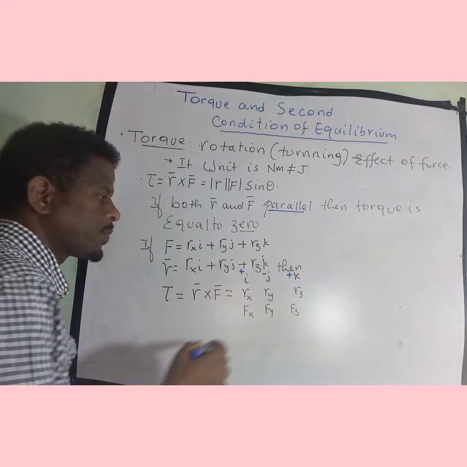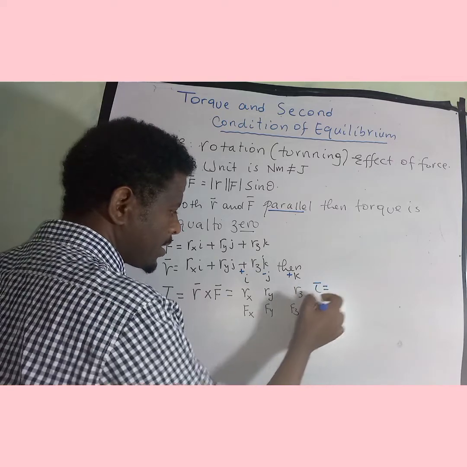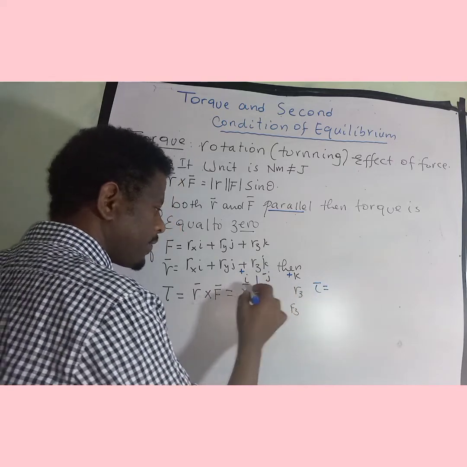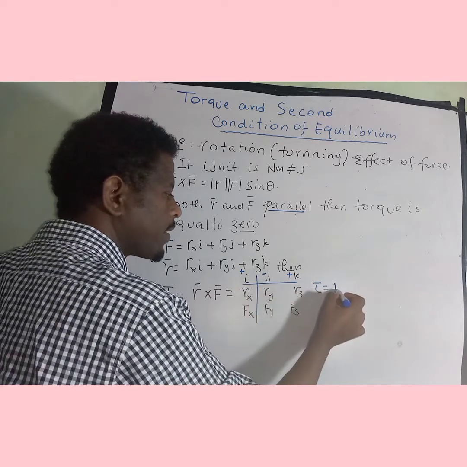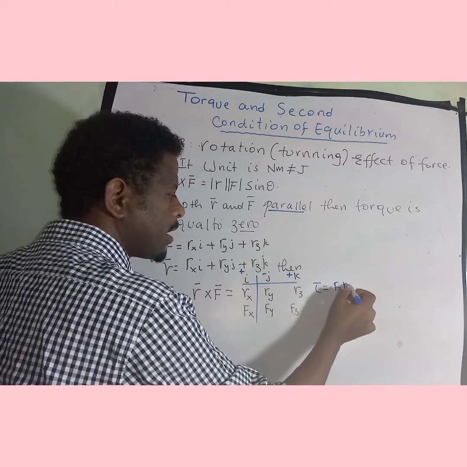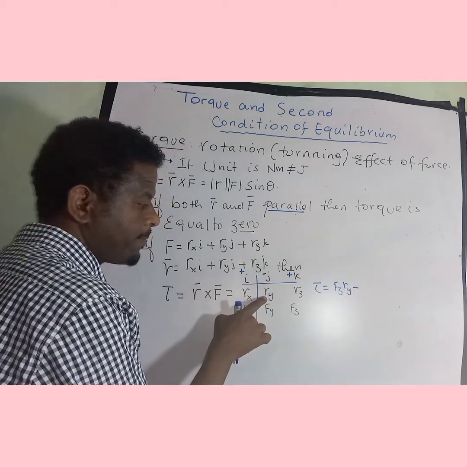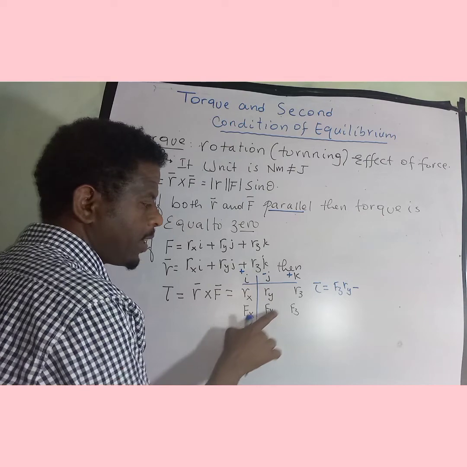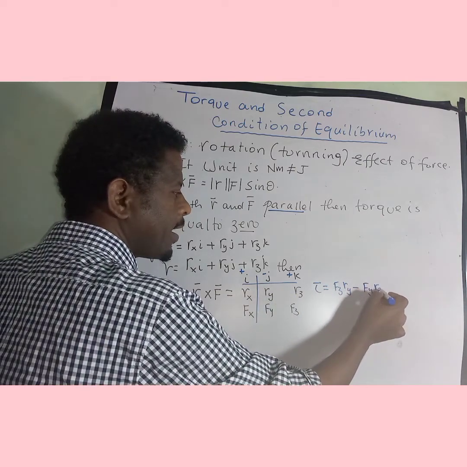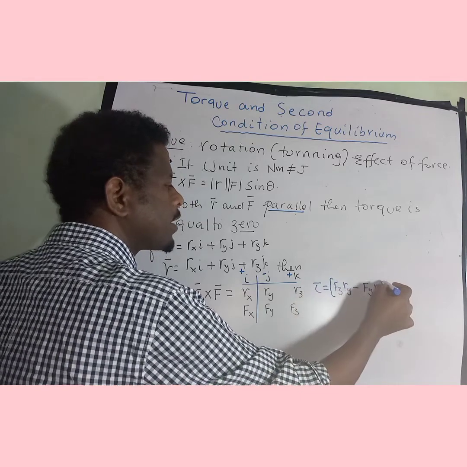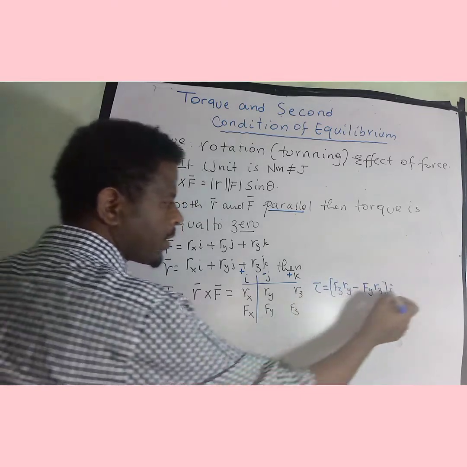Then the cross product of these two vectors, torque equals first column, first row, then the determinant: Fz Ry minus Fy Rz. What about the direction? The direction is i.